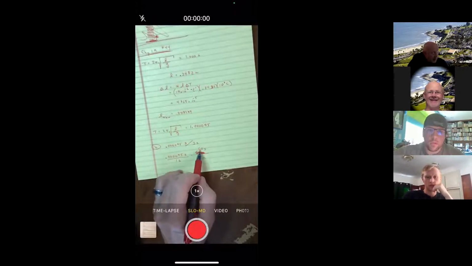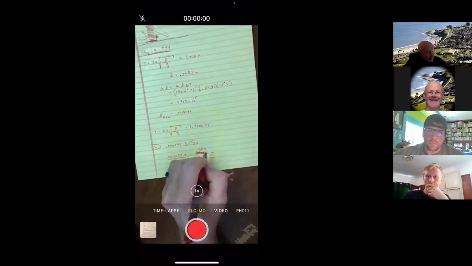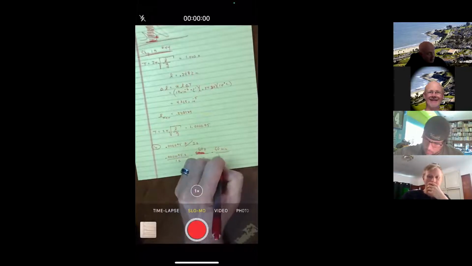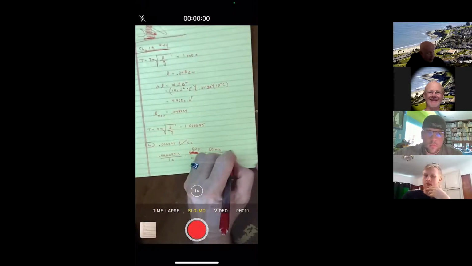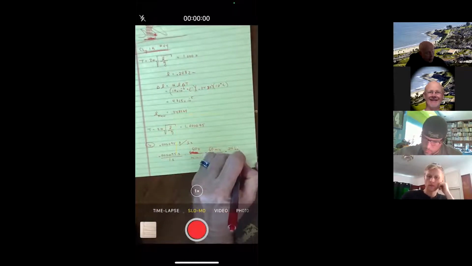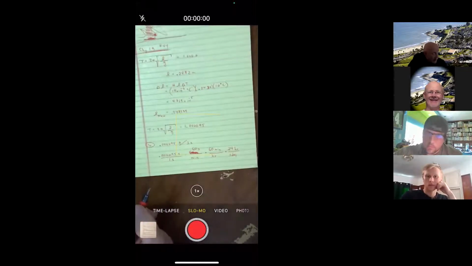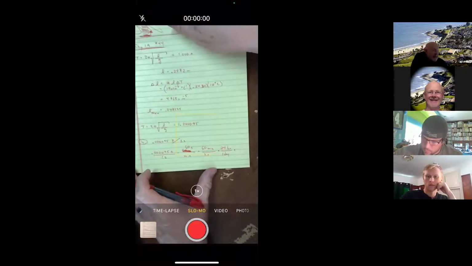So if you multiply it by 60, it's going to be that much behind in a minute. And if you do that again, it's going to be that much behind in an hour. And if you multiply that by 24, it's that much behind in a day.